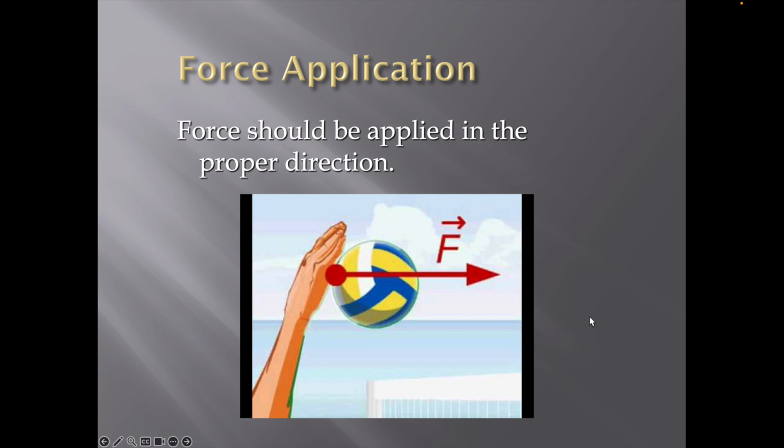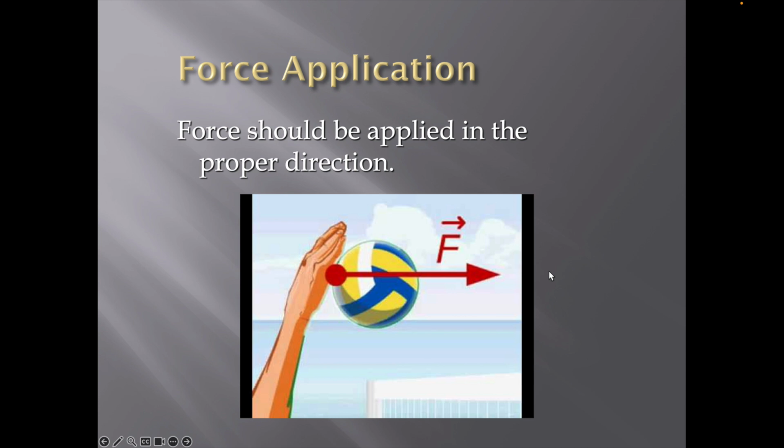So when we're applying force, whether it be sprinting or trying to hit a certain object, that force should be produced in a specific direction depending on what we want to accomplish. This person hitting this ball here is producing force in a horizontal direction.